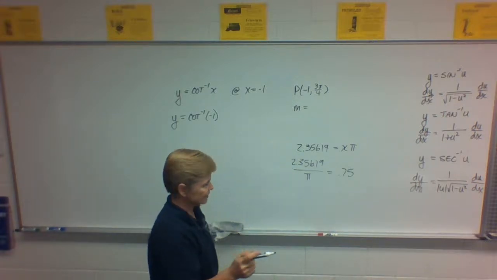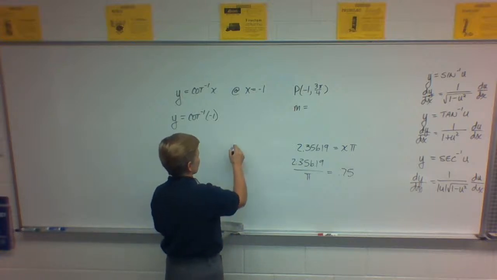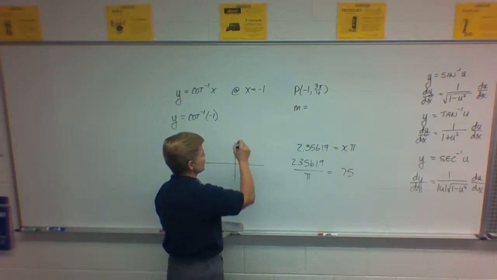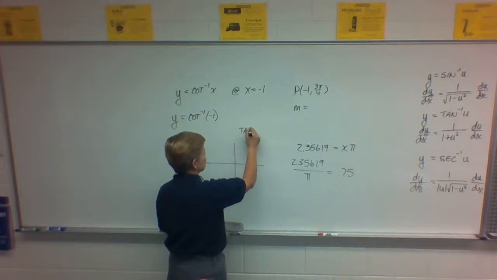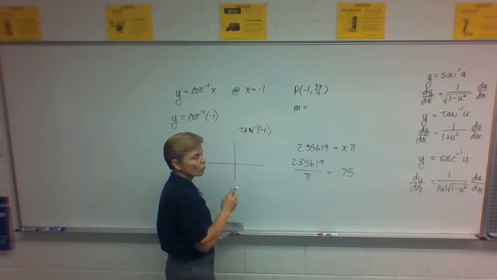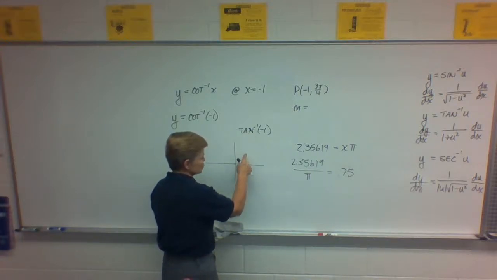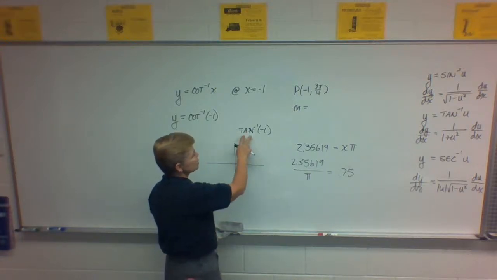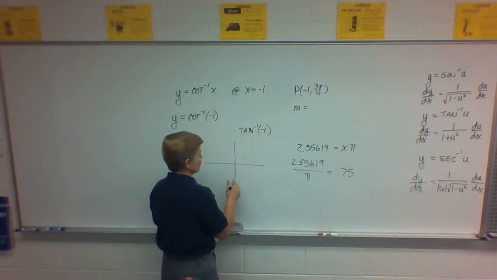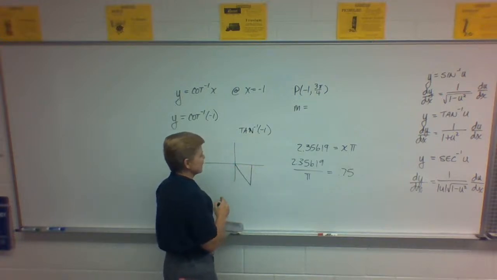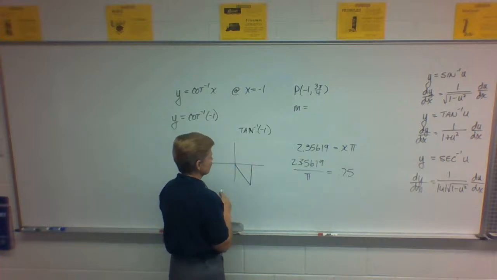Besides that, inverse tangent of -1, geometrically speaking, is the angle whose tangent is -1. Now, where are you allowed to look for inverse tangent values? First and fourth. Where are you allowed to look for negative ones? Fourth. What kind of an angle has a tangent of -1?